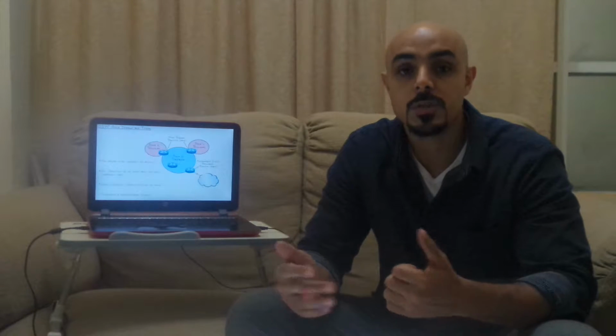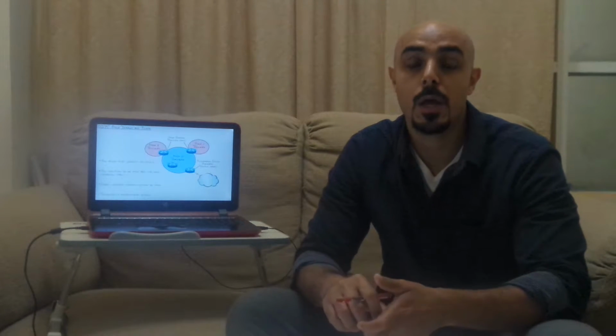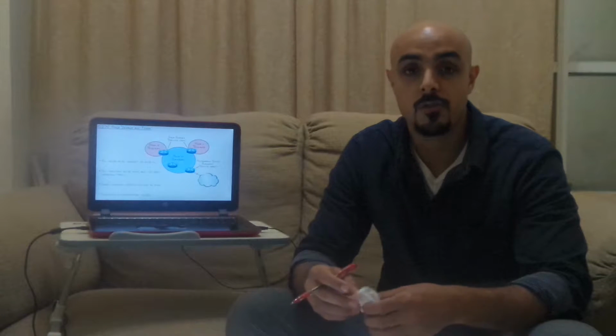So first of all, let's start with the DR and the BDR. The DR stands for the designated router, and the BDR stands for the backup designated router. Why were these introduced? They were introduced to limit or reduce the amount of the updates exchanged between the routers in the same network that runs OSPF.